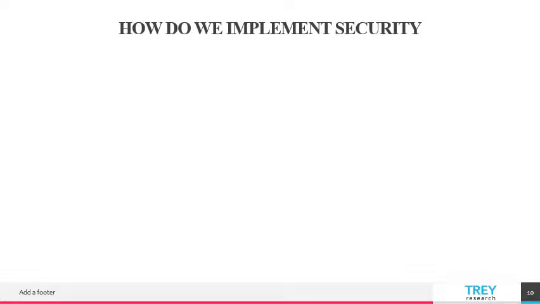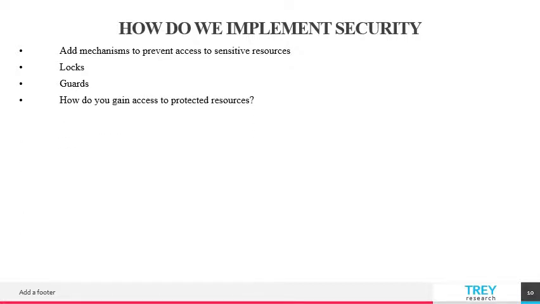Now, having talked about the reasons why security is important to us as users, let us look at how we implement security. The first one is to add mechanisms to prevent access to sensitive resources: locks and guards. We'll elaborate more on the implementation part and on how you gain access to protected resources in the next lecture.